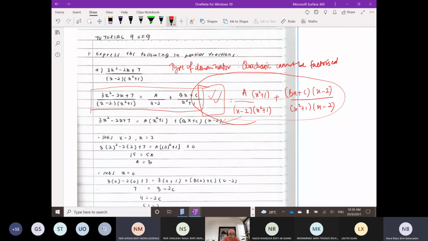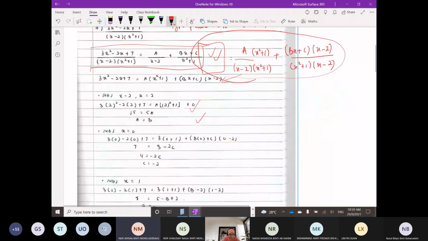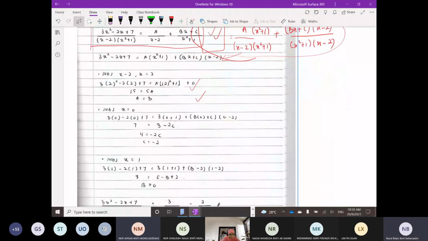Okay, and then the next part you take the numerator only. Okay, proceed, Aisyah. Lepas tu substitute, saya substitute x equals to 2 sebab dia denominator untuk A. Dan substitute 2 dapat A equals to 3. Yang B tu jadi kosong. Yes, pasti kosong.